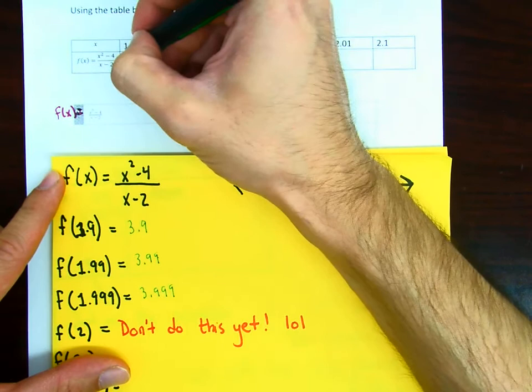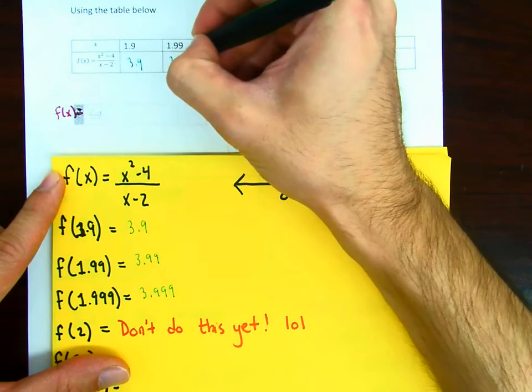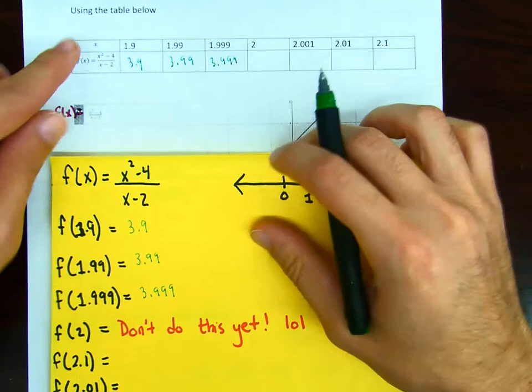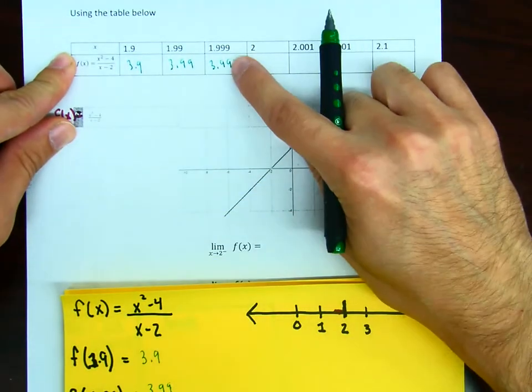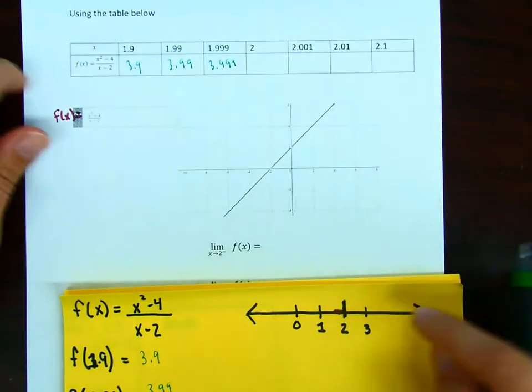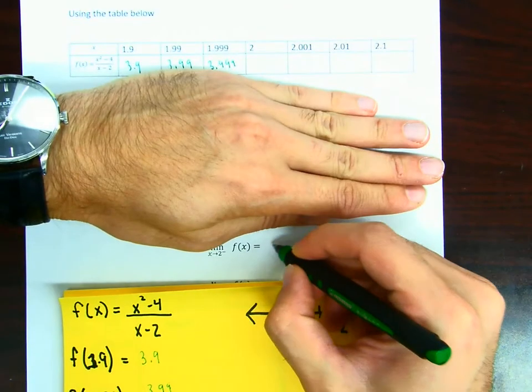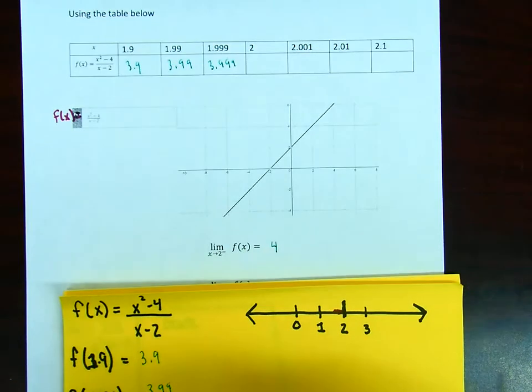Here we could just type in 3.9, 3.99, 3.999. If I saw these values and I didn't have the graph, I would already know that this limit from the left has to be 4.